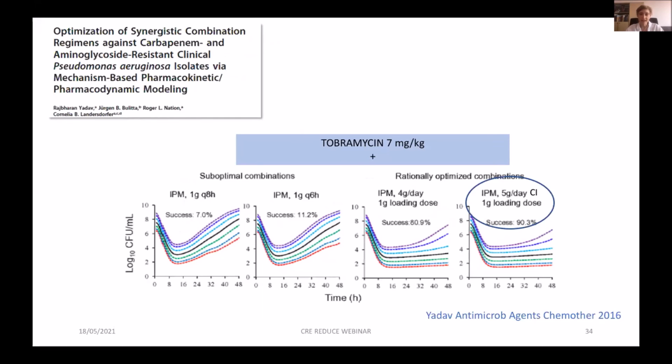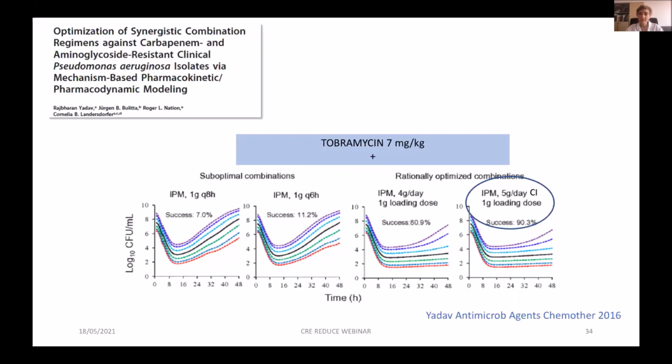Again, this means rationalizing the combinations, but also using quite high and off-label drug dosing. As you can see here, an imipenem 5 gram per day dosing regimen with a 1 gram loading dose, associated with quite high tobramycin dosing.